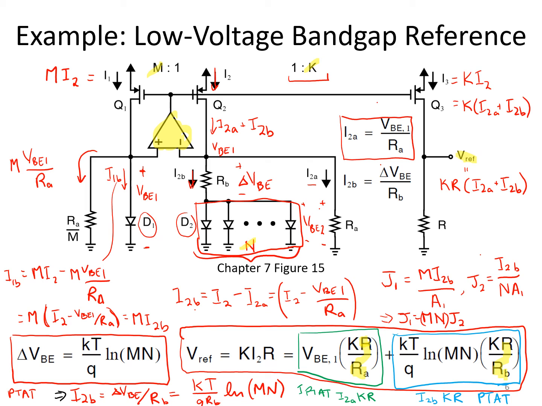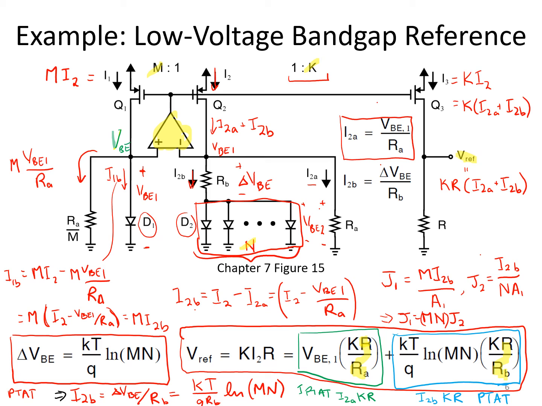Finally, this circuit can operate from a relatively low supply voltage of a volt or slightly less, but ultimately it will be limited by the fact that we need to maintain a VBE here, and that may be in the neighborhood of 0.7 volts.